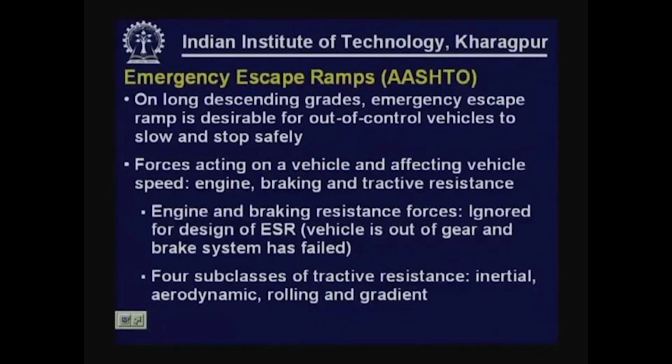That completes our discussion about the climbing lanes. Now, let us try to understand what emergency escape ramps are. Till now, we talked about the problems on upgrades, particularly long upgrades where commercial vehicle movements and total traffic volume are significant, and how to provide relief.